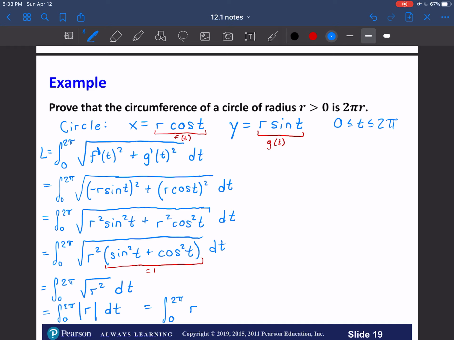We can get rid of the absolute values because we assume that r is positive. We assume that r is greater than 0, which means, let me actually write it out, that the absolute value of r, of course, is equal to just r. All right, and so that's how we do this step.